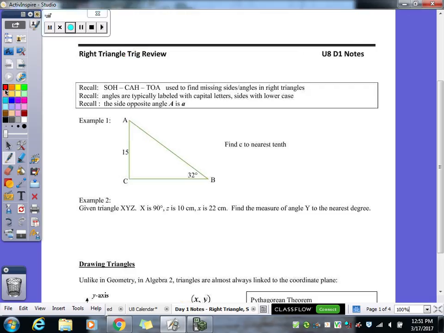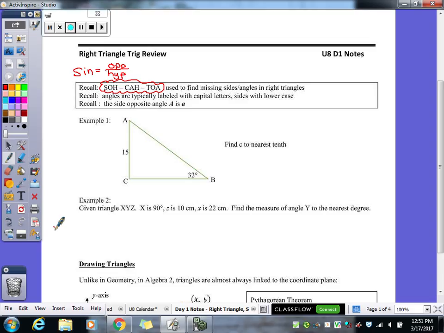So we are going to start off today with a little bit of review. Our beloved trig, right here, SOHCAHTOA. Does anybody actually remember what SOHCAHTOA stands for? Sine is opposite over hypotenuse.